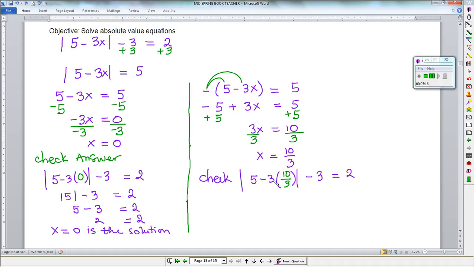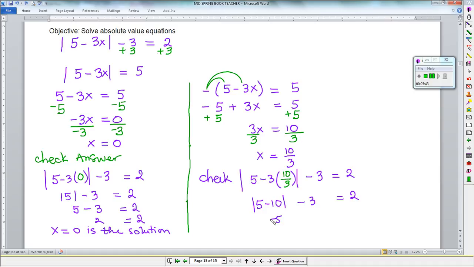We multiply first, so negative 3 times 10 over 3, cancel the 3, we just have negative 10. So we have 5 minus 10 inside the absolute value symbol, minus 3.